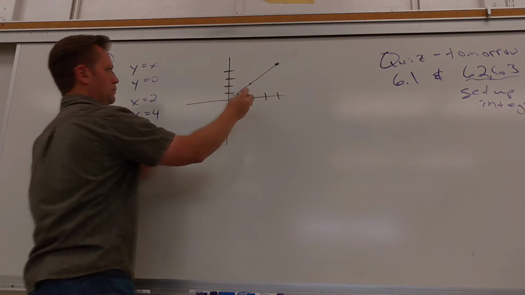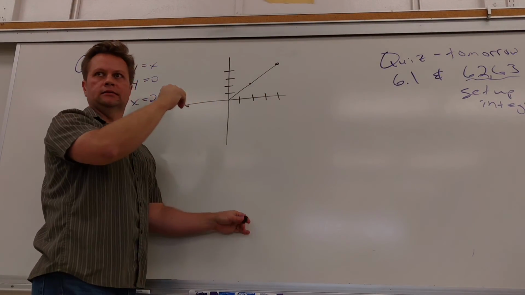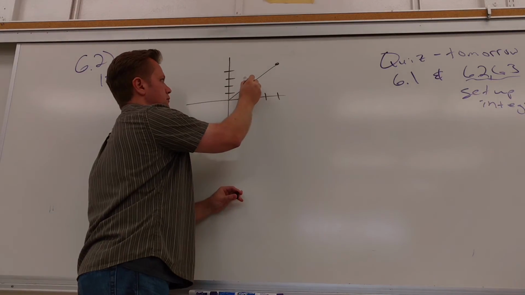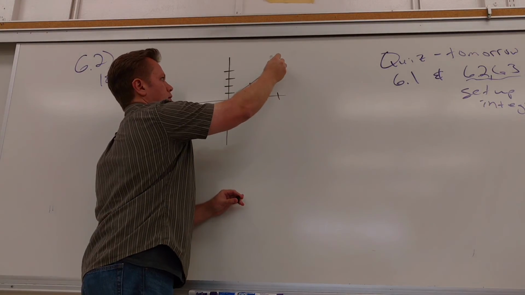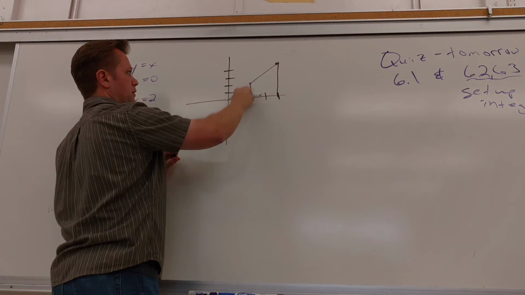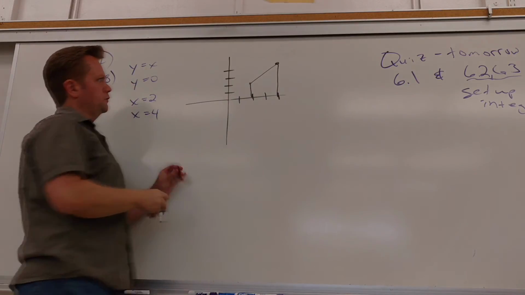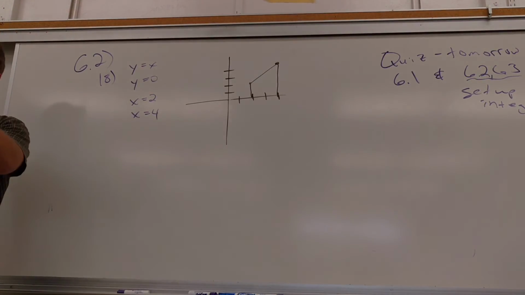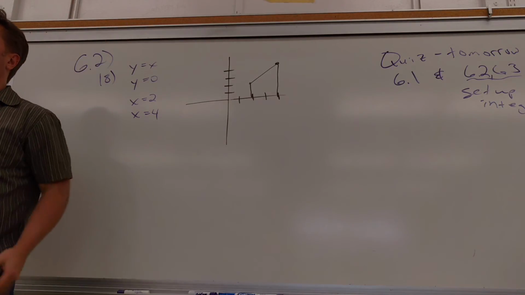X equals 2. What kind of line is that? Vertical. So I'm talking about this. Let me erase that part so I don't confuse myself. So that's contained in those lines. It's contained between those boundaries.